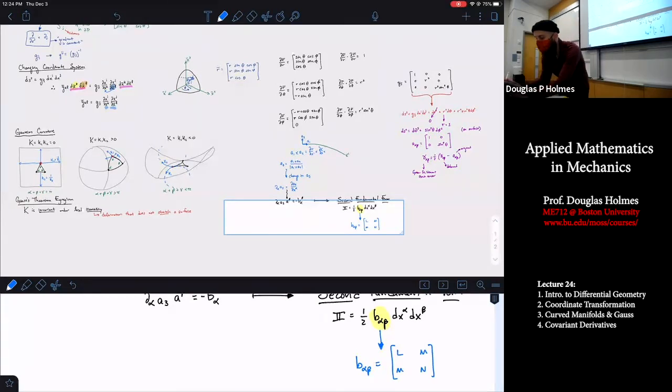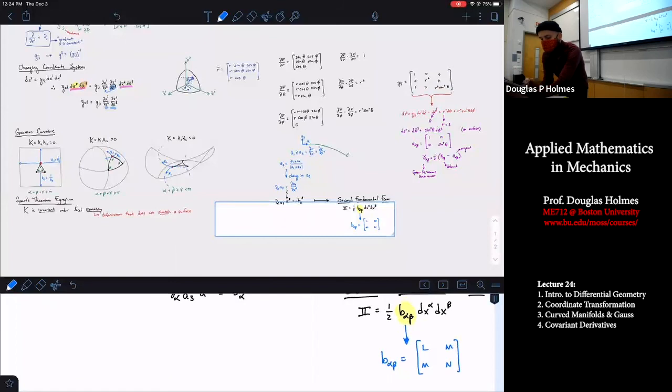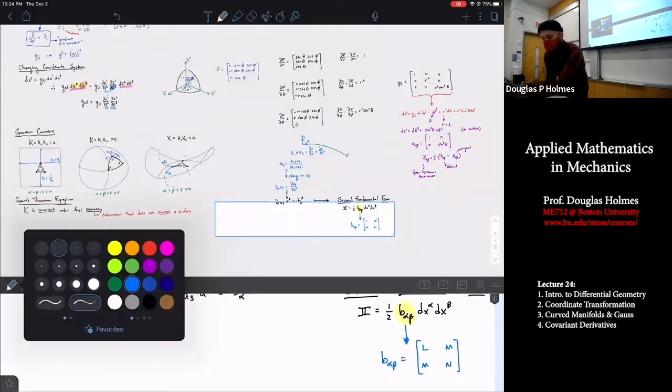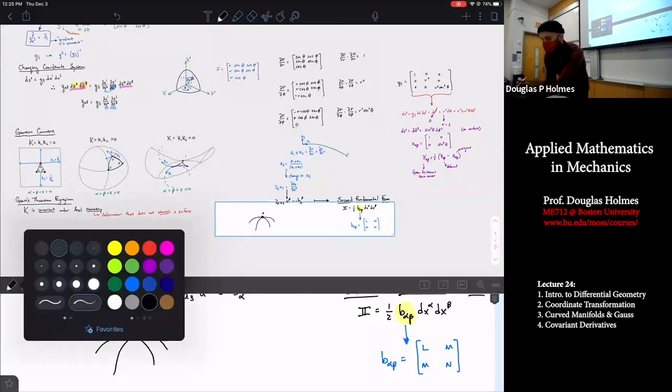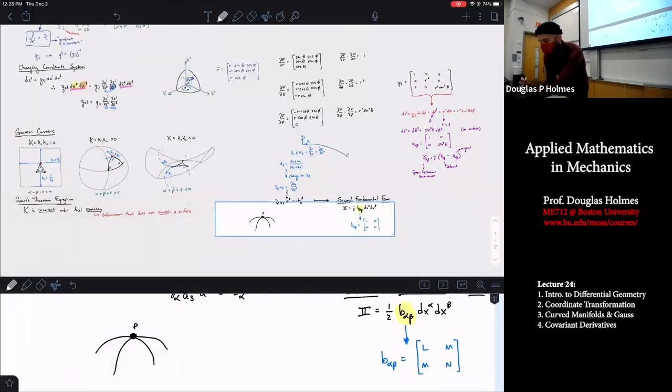Well, you can think about why you would have a matrix of second order derivatives by the fact that what you're really doing is you're saying, okay, I've got a point in space P, and it's living on some curved space that's maybe locally spherical. And I should be able to draw at any point on my surface a tangent plane to that point P.